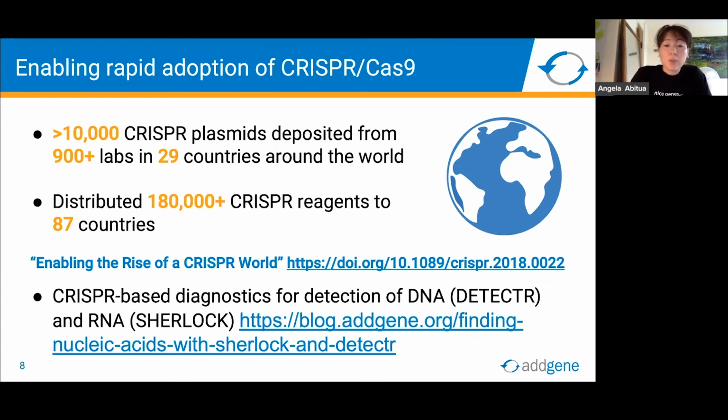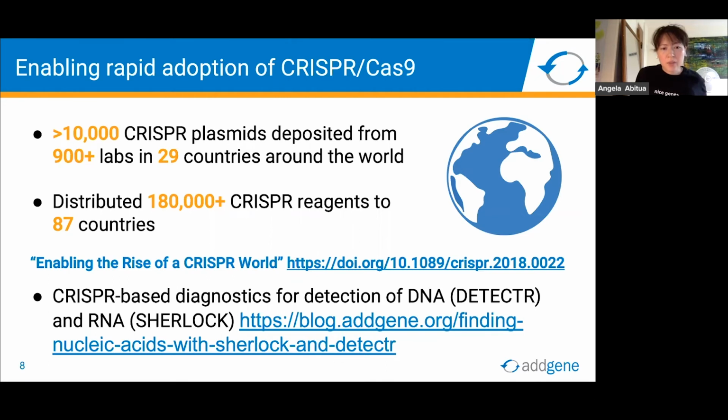And one was for detecting DNA, known as DETECTR, which was developed in Jennifer Doudna's lab at UC Berkeley. And then one for detecting RNA, known as SHERLOCK, that was developed in Feng Zhang's lab at the Broad Institute. And if you're interested in learning more about those diagnostics, you can read about it in our blog.